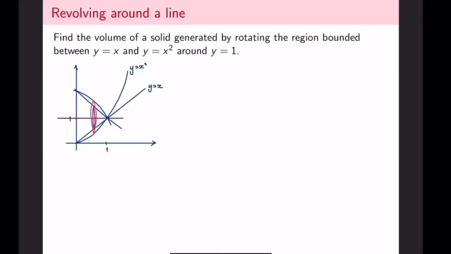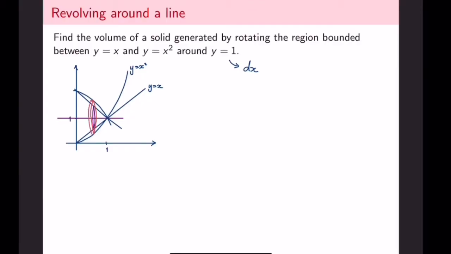Whichever way you choose to remember it, if I'm rotating around y equals 1, it's essentially the same as rotating around the x-axis, but shifted. So if we're using disks, rotating around the x-axis or anything parallel to the x-axis would mean that my integral is going to be in terms of x. The other way to derive the same fact is to draw in one of my disks with thickness, let's say my outer one.